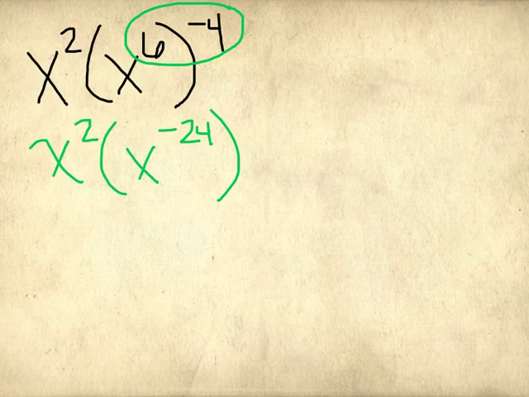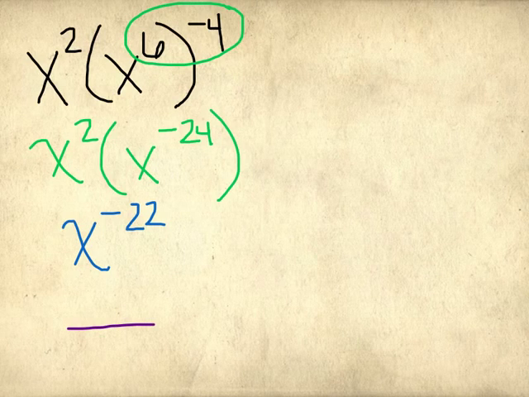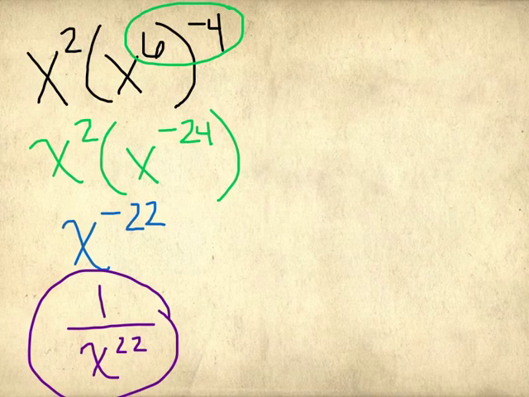Now when we have two bases raised to different powers, we're going to add those powers together. So we now have x, 2 plus negative 24 gives us negative 22. And when we have a negative exponent, that brings it to the other side of our fraction line. And this is our simplified form.